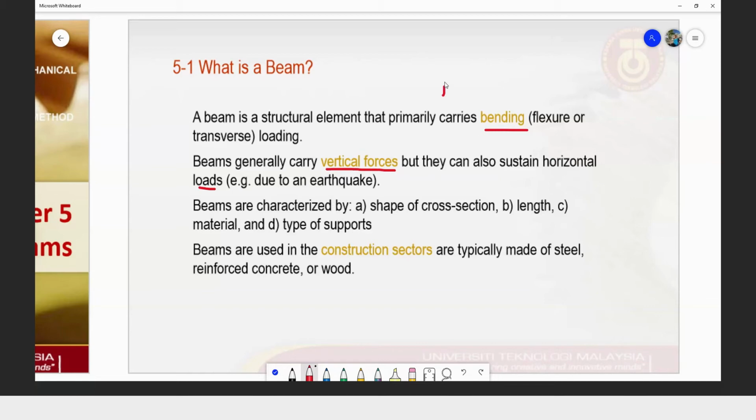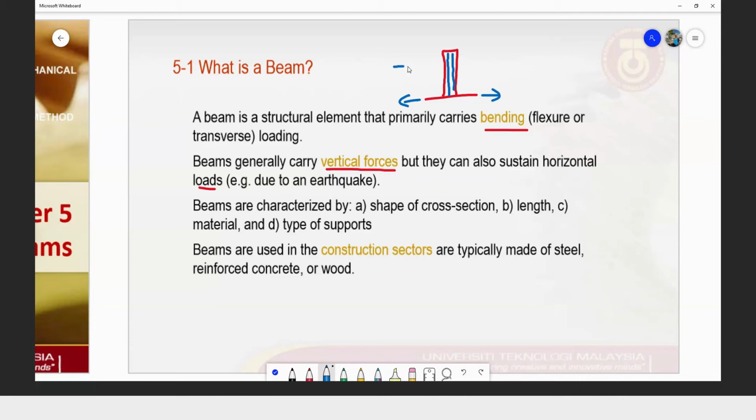Ataupun kalau building tu, this is your building, maybe you have several beams to make your building. Kat dalam building tu dia ada banyak beams kan. So horizontal loads ni may came from the ground shaking, kan, ground shaking to the left, to the right, and then from the aerodynamic as well.